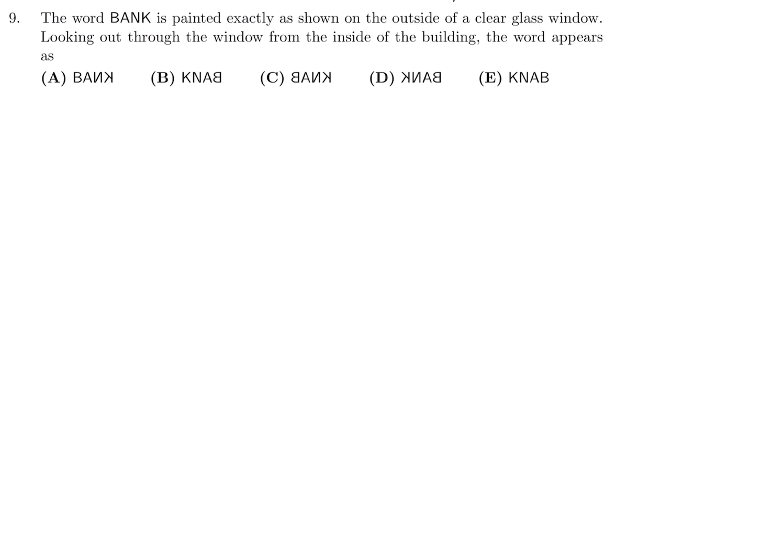The word bank is painted exactly as shown on the outside of a clear glass window. Looking out through the window from the inside of the building, the word appears as. So you just have to use a little visualization here. The word bank, if you're looking at it sort of like as a reflection in a mirror.